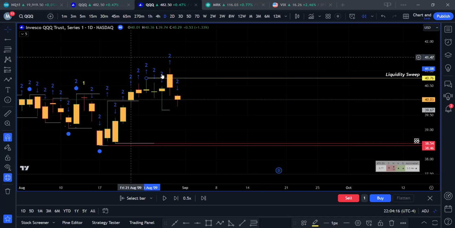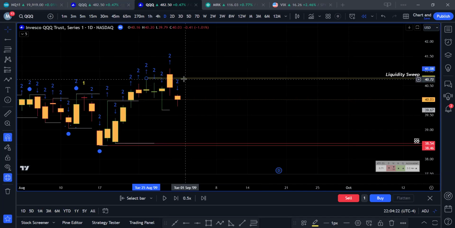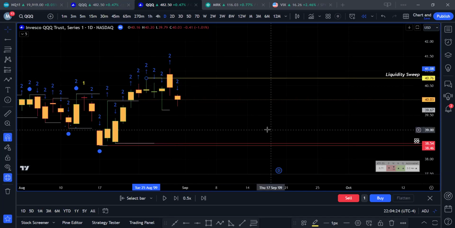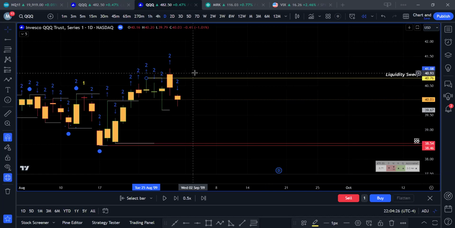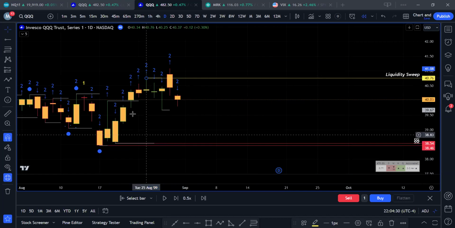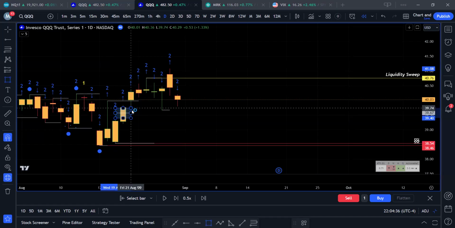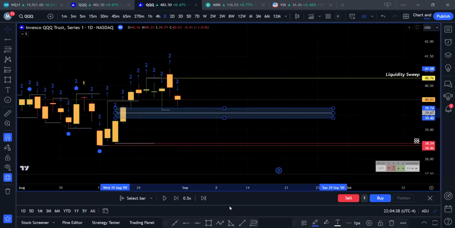I'll show you exactly what it is with the example on the QQQ. But we get a liquidity sweep, right? So now at this point, where's price going? It's either going to go to external range liquidity down here, but it's also going to have to get through internal range liquidity, which is right here. So we have a fair value gap.